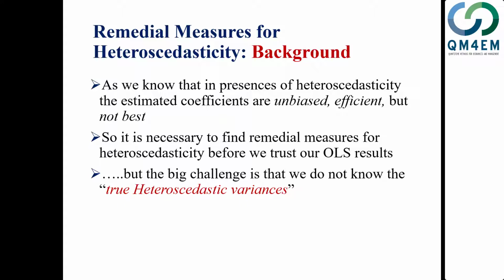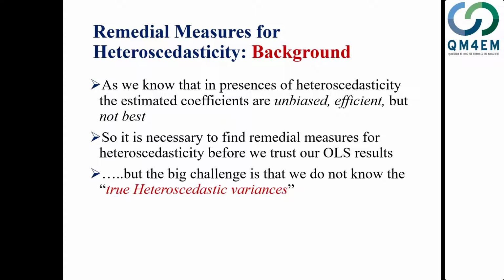To fix the problem, the big challenge we face is that we do not know the true heteroscedastic variance. In other words, we know that the variances are not constant, but we don't know what the values are.